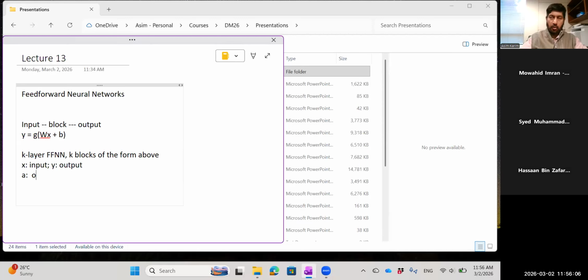So the output of a particular layer or block can be represented by the vector A. And as we saw in the last lecture also, we use Z to denote the output of a layer before applying the activation. So Z is the pre-activation, and applying the activation gives the output A.